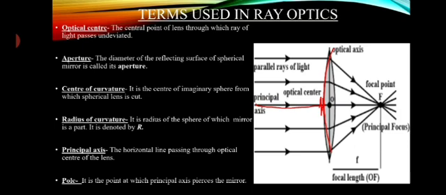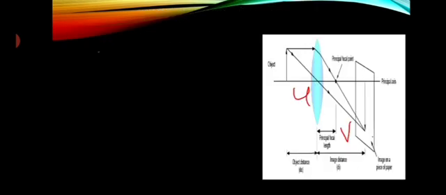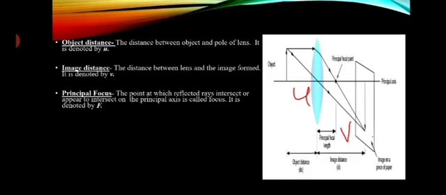That is the point where all the rays of light converge or appear to converge in case of a concave lens. That is denoted by capital letter F. Now the distance between the principal focus and the optical center is called the focal length, which is denoted by small f.